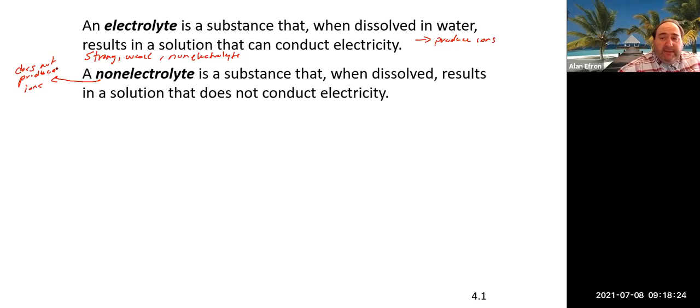What is the difference between these? We're going to see it on some of the other slides, but just as a preview, since this slide has some pictures that relate. A strong electrolyte means that 100% of it breaks apart into ions.